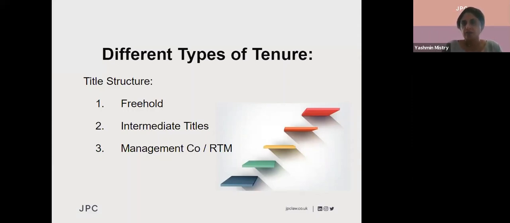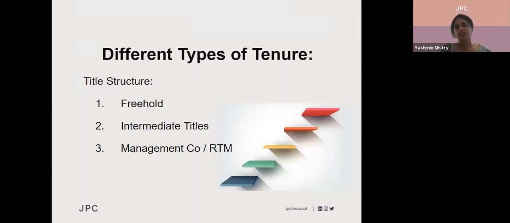From there, you can put together the answer, or attempt to work out what the answer is. The reason why that's important to understand is because under the terms of the leases, you need to understand essentially whether your client is the management company, whether it's the freehold company, or whether it's actually an intermediate title.